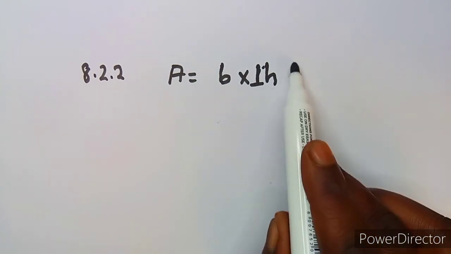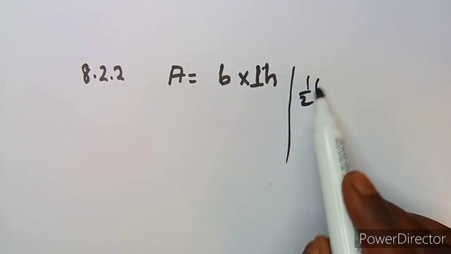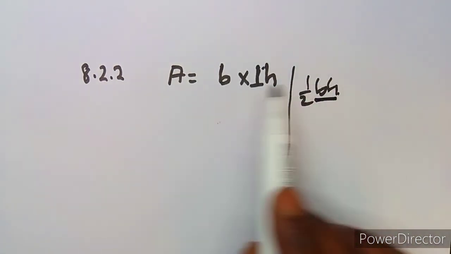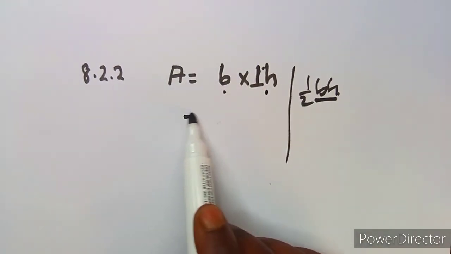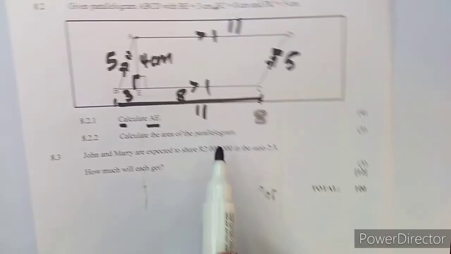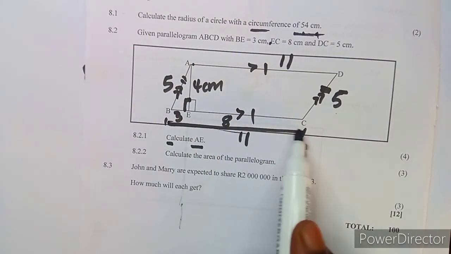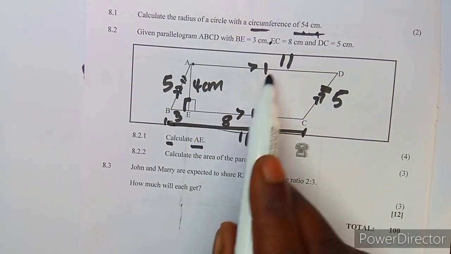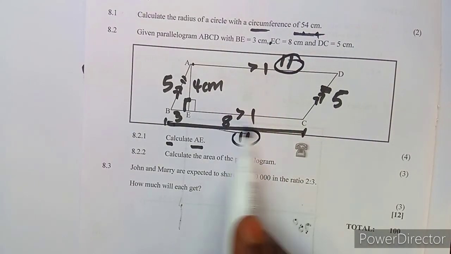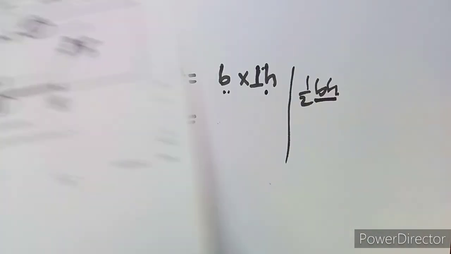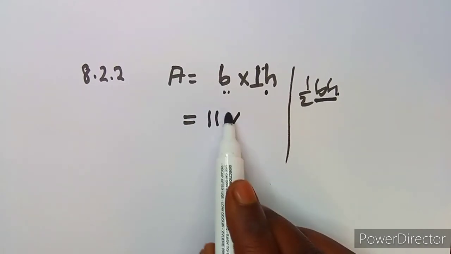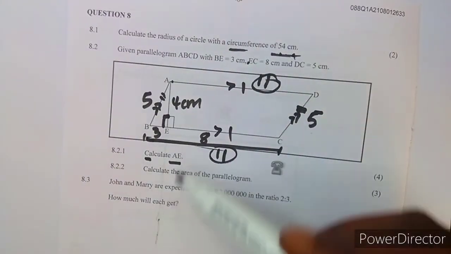We know that the area of a triangle is half base times perpendicular height, but this one is base times perpendicular height. The base in this case is this longer side, B to C, which is 11 centimeters, because 3 plus 8 is 11. So it's 11 times the height, which is the perpendicular height.